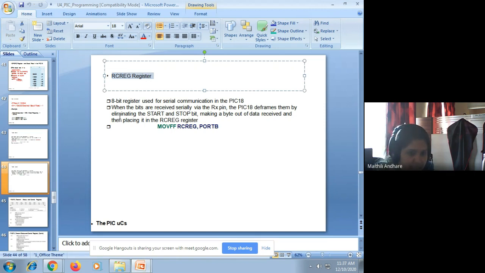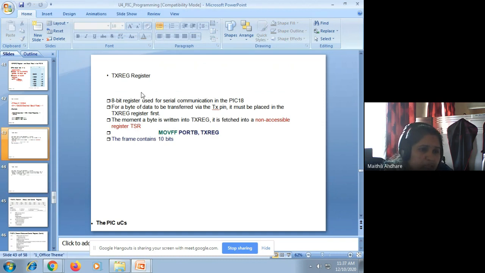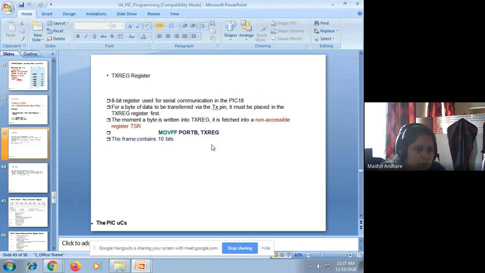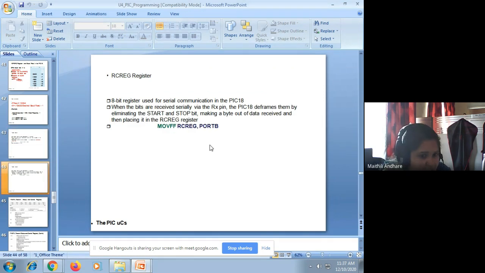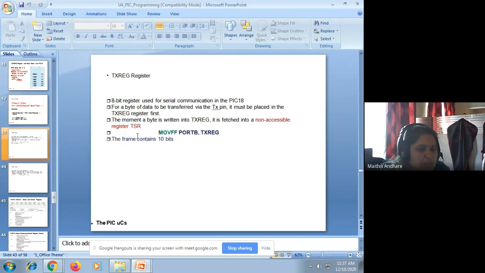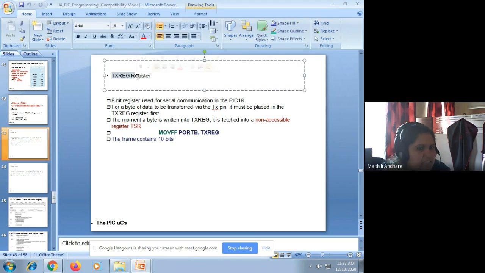But here, whatever data you want to transmit by the PIC microcontroller is loaded in the TXREG register, and whatever data you receive is available in the RCREG register. This means while receiving, the user will read the RCREG register, and while transmitting, the user will load the TXREG register.